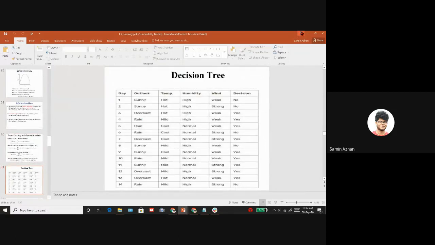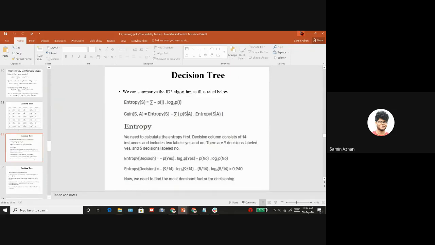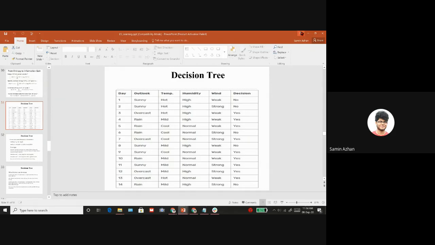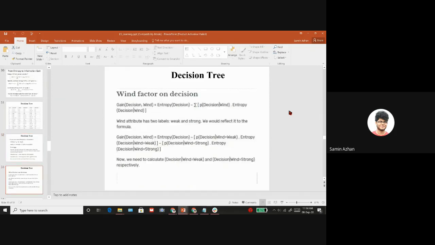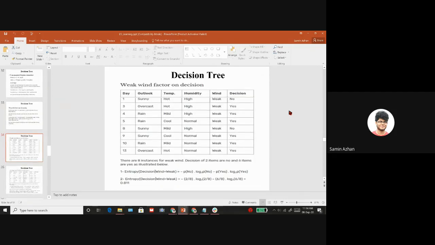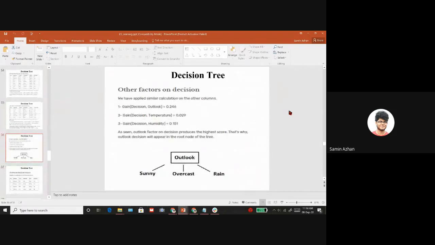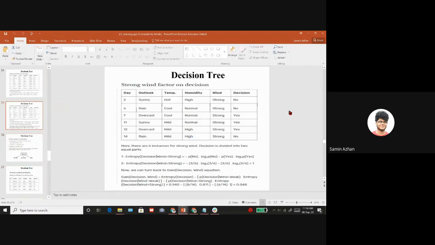We saw an example of how, if our given data set is this table, we can calculate the entropy. In this example, the entropy of wind was calculated for us. We saw details about that in the last class.